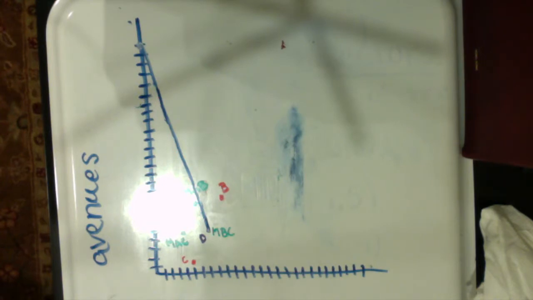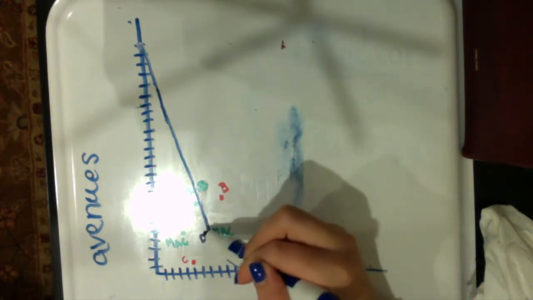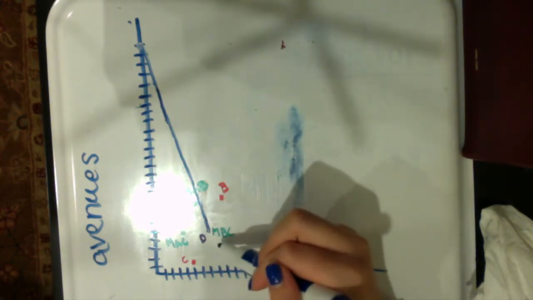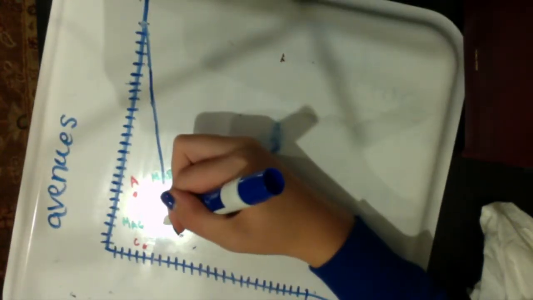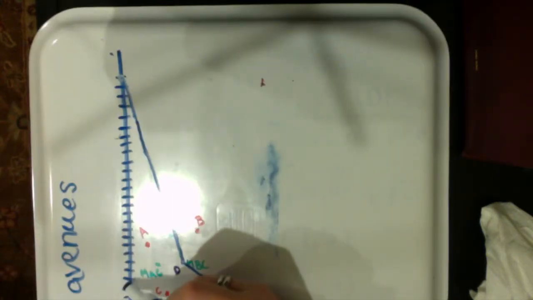Now I'm going to start graphing the lines that we have found using the equations that we have made. First, I graphed line AB, and then next BC, and now I'm going to graph line AC.